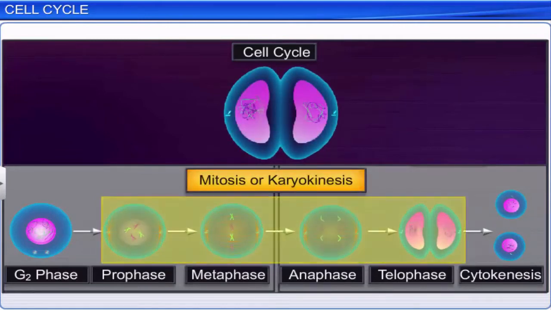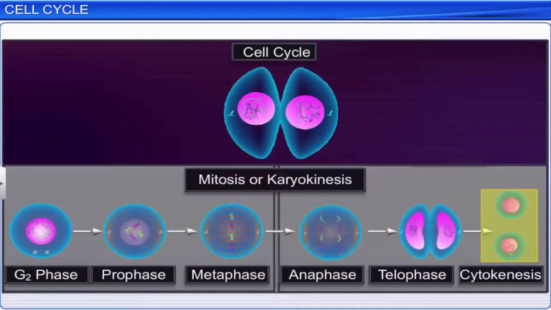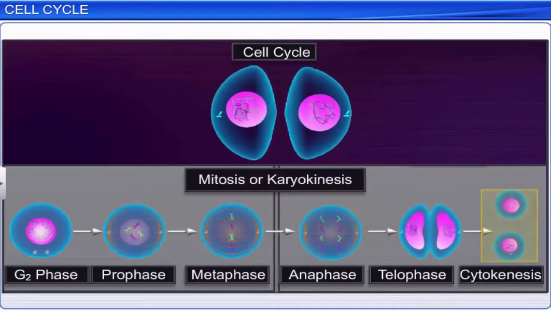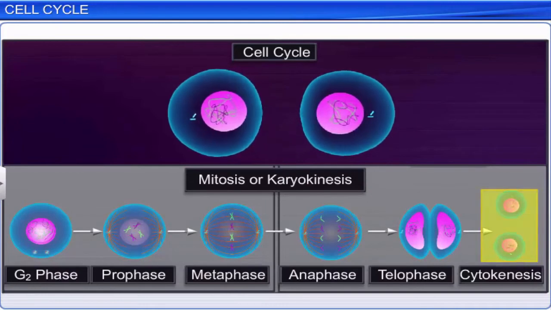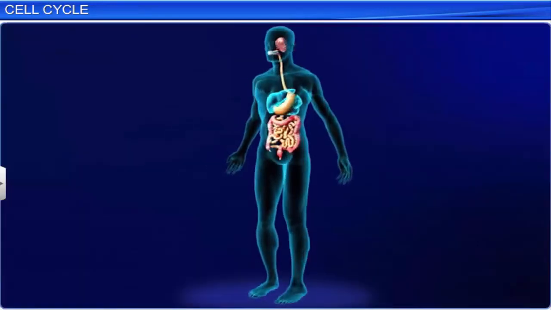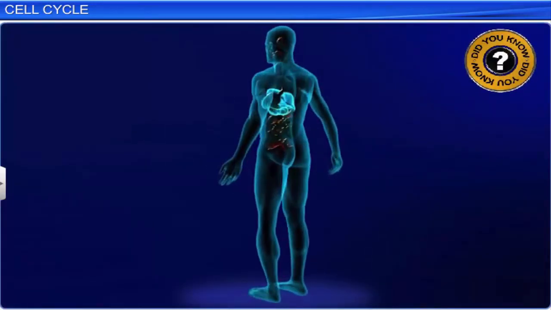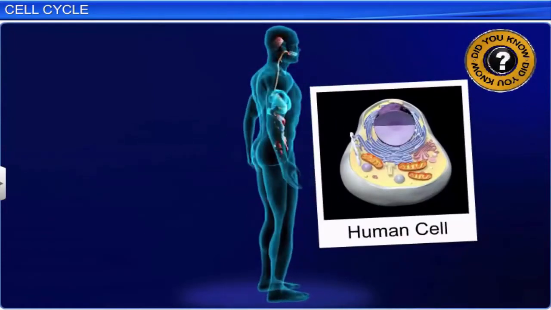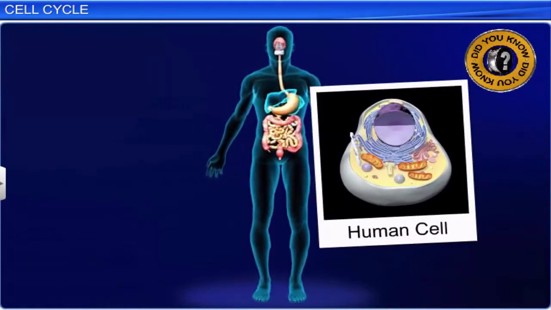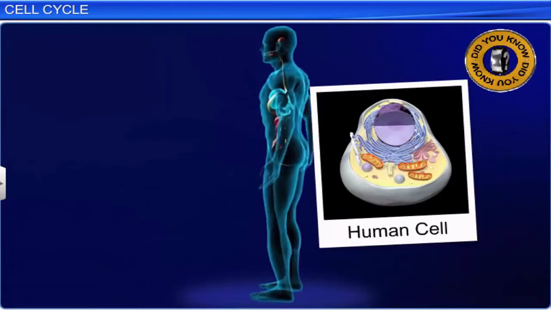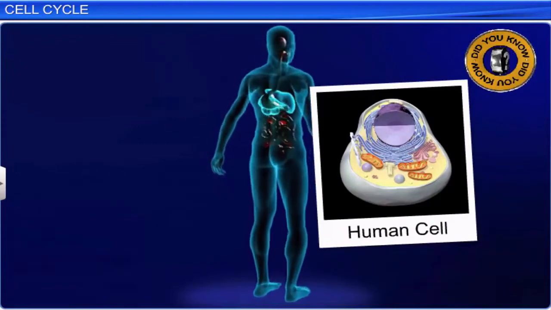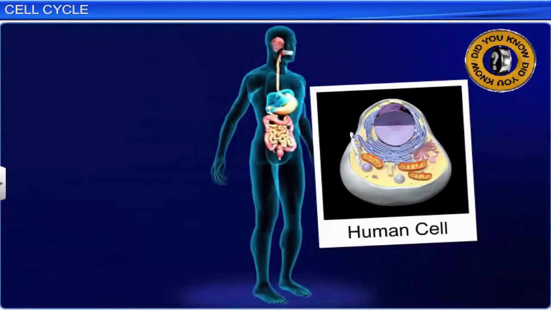It ends with the division of the cytoplasm, which is known as cytokinesis. Did you know that in the 24-hour average cell cycle of a human cell, proper cell division lasts for only about an hour, while more than 95% of the cell cycle duration is the interphase?